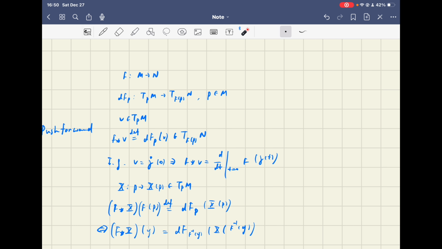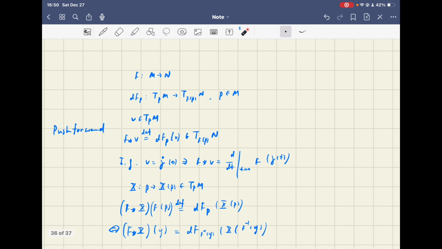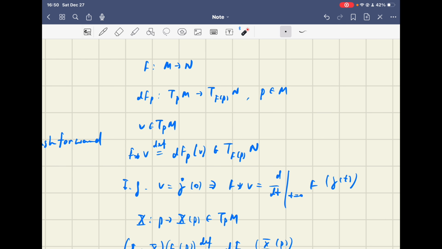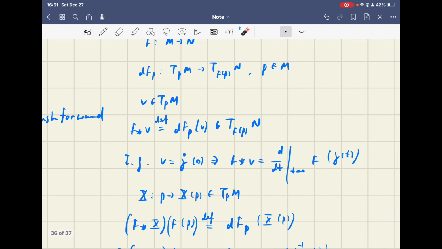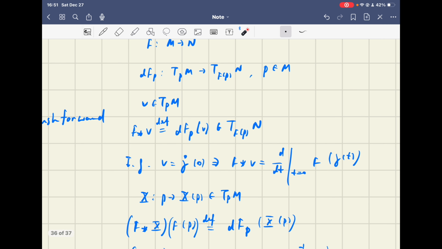First, let's consider a general case. Let's consider a mapping f from manifold M to manifold N, and we can naturally find its differential because you're just taking the tangent space of both sides. Let's say df_p is the differential of f at point p, where p is a point on the manifold M. What the differential does is project a tangent vector of the manifold M at point p to the corresponding tangent vector at point f(p) on the manifold N. This is pretty straightforward.